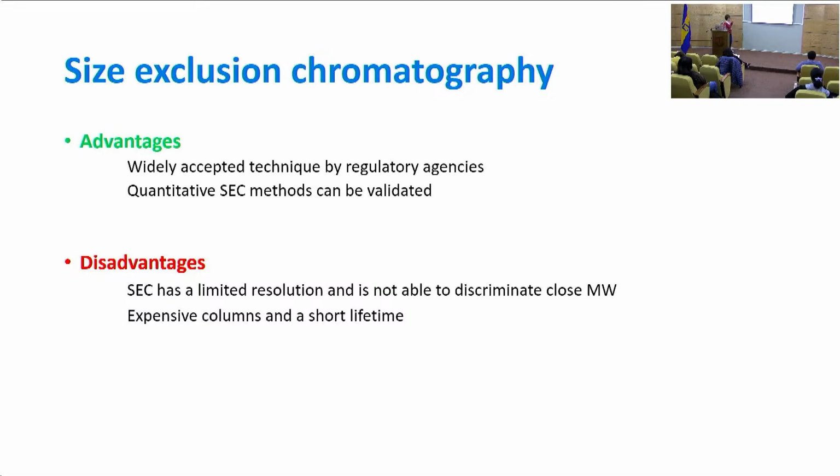Disadvantages, as you have seen here: sometimes the resolution is limited, especially for certain proteins, and sometimes it's difficult to discriminate between proteins with close molecular weights. And also the column is expensive and has a short lifetime.